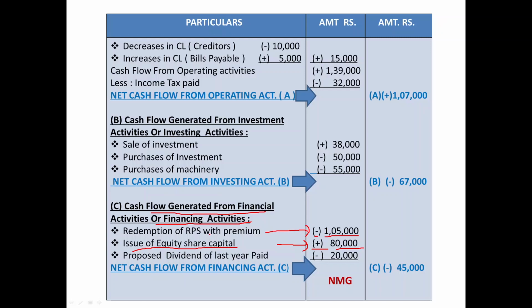Nothing was there that can affect the cash flow statement, and then we closed the equity share capital account, which was showing a balancing figure of rupees 80,000 on the credit side. It was the fresh issue made during the year, and we saw that 80,000 rupees under title C in the cash flow statement as a cash inflow. Over here 80,000.